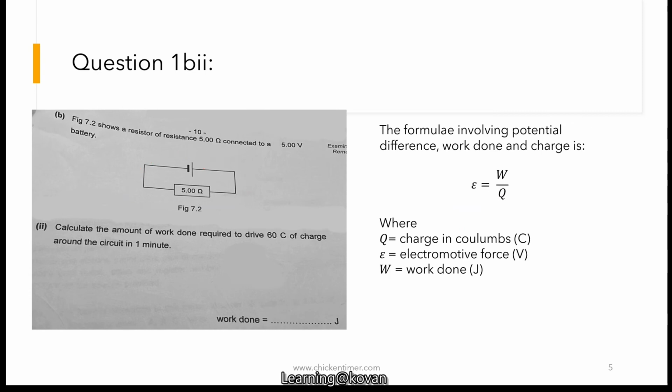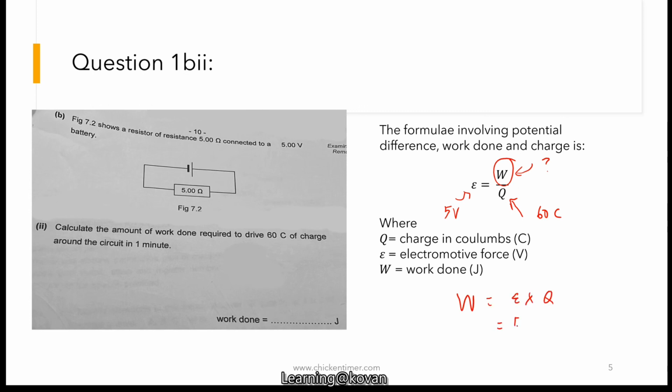So then let's look at this formula. So we have EMF down here, we know that it is 5 volts. Then the work done is, I don't know, and that's what we want to find. And then charge is 60. So just with this formula alone, we can simply do W equals EMF times charge.